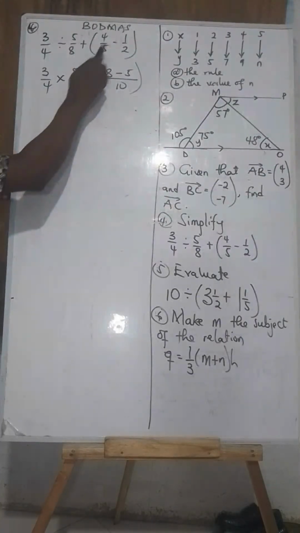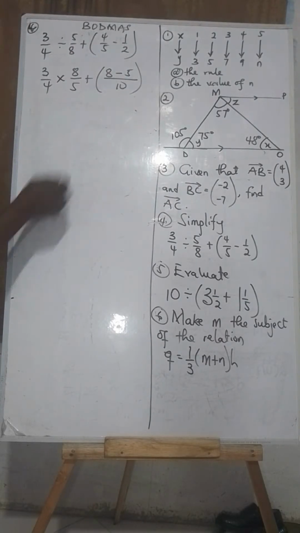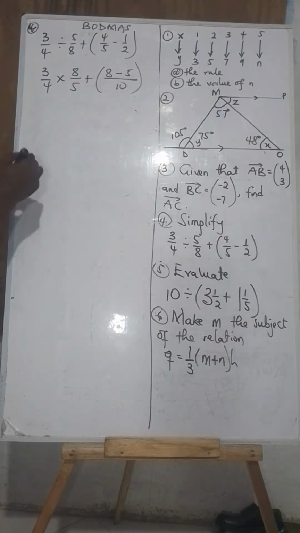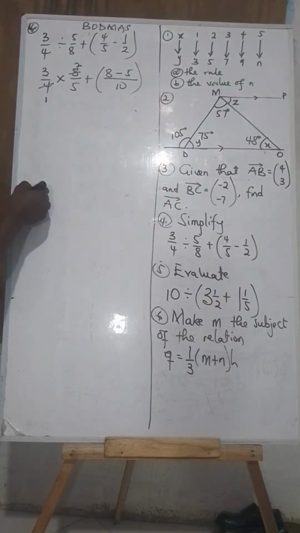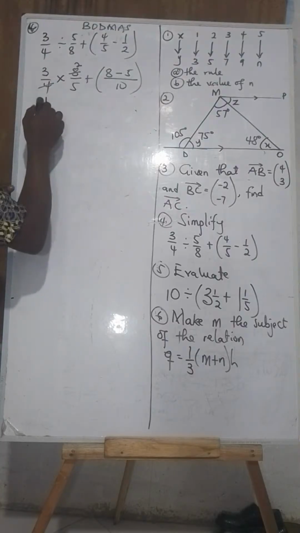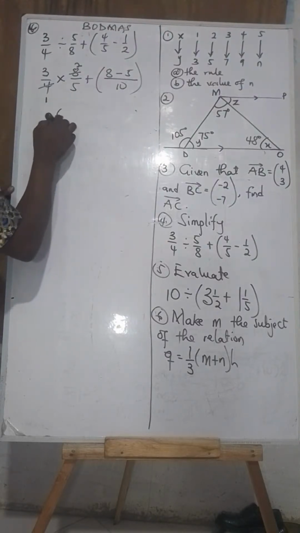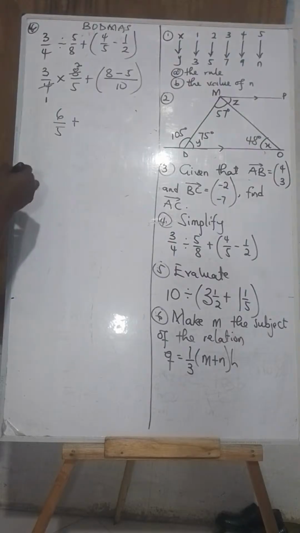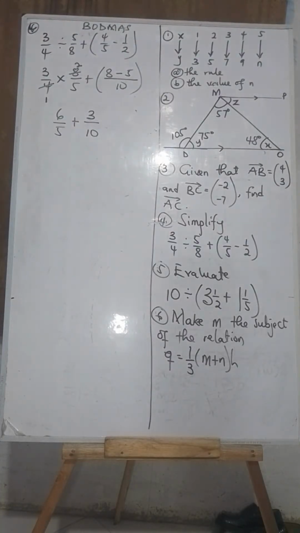So we have 8 minus 5, to be 3 on 10. Right, so our LCM will be 10.